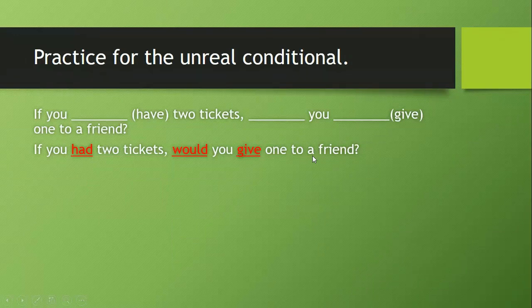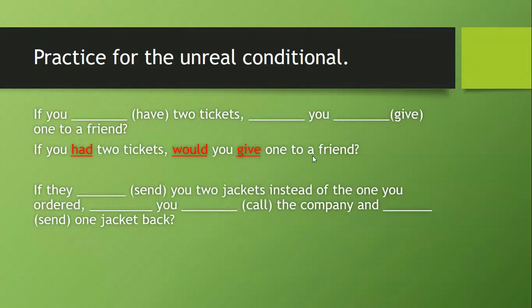But then, you're not working in a company of new movies. You're working in a company of cars, right? And this company does not give you tickets for movies. Then you don't have the tickets. But imagine that if you had them, would you give them to a friend? What will be the answer? The answer will be, if I had two tickets, I would give one to my friend, right?